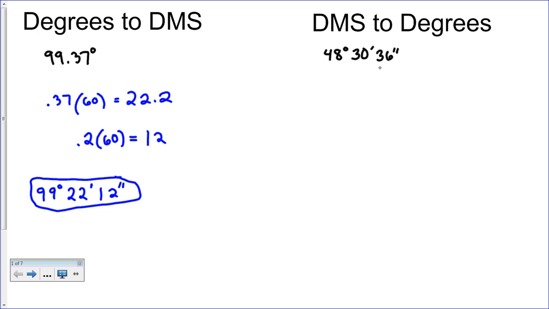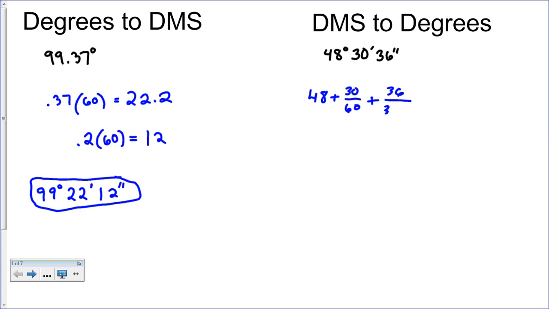If I'm going the other way over here, I have 48 degrees, 30 minutes, and 36 seconds, and I want to convert this to the decimal. In some ways, this is easier, at least to think about, because you have 48 basically whole degrees, plus your minutes are out of 60, and your seconds are out of 3,600.